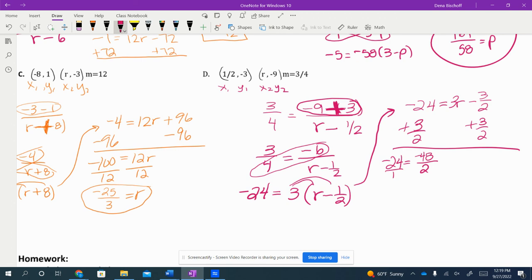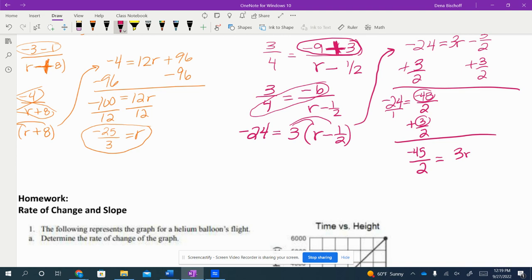I just multiplied it by 2, right? Top and bottom to get a common denominator. So I have negative 48 over 2 plus 3 over 2. So fraction rule says that you keep the denominator, you add the numerators. That becomes negative 45. So negative 45 over 2 equals 3r.